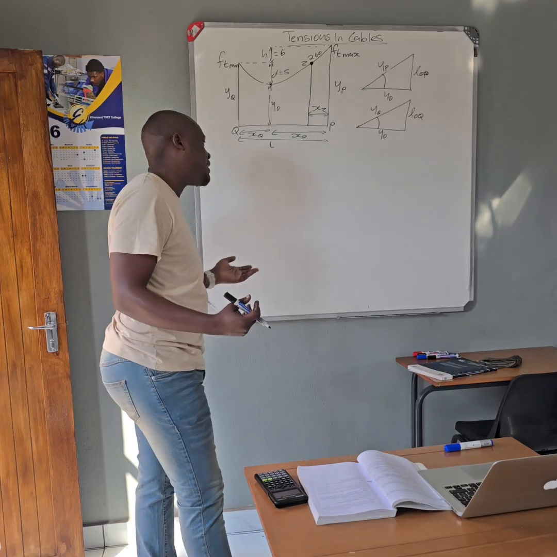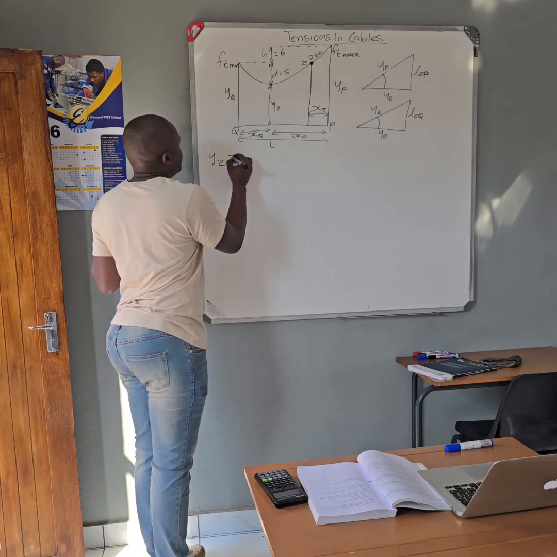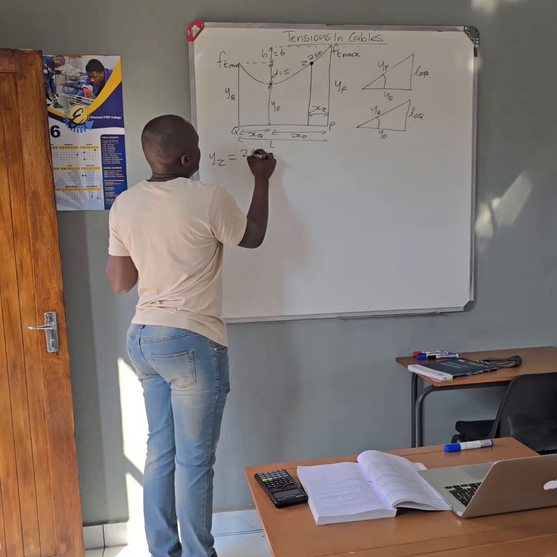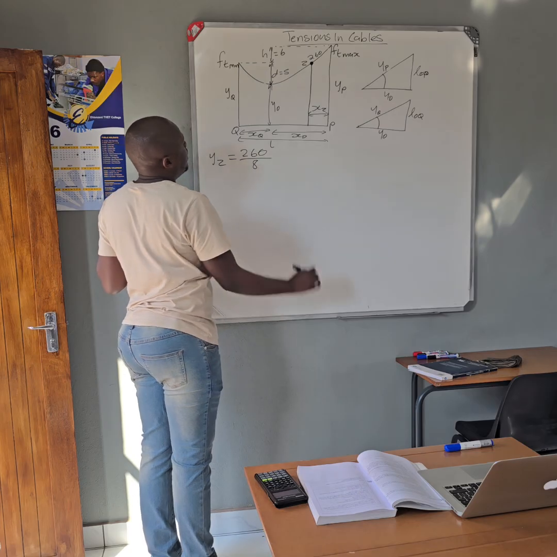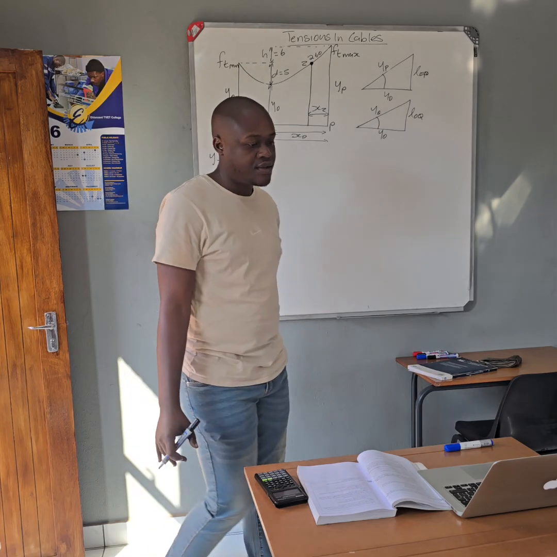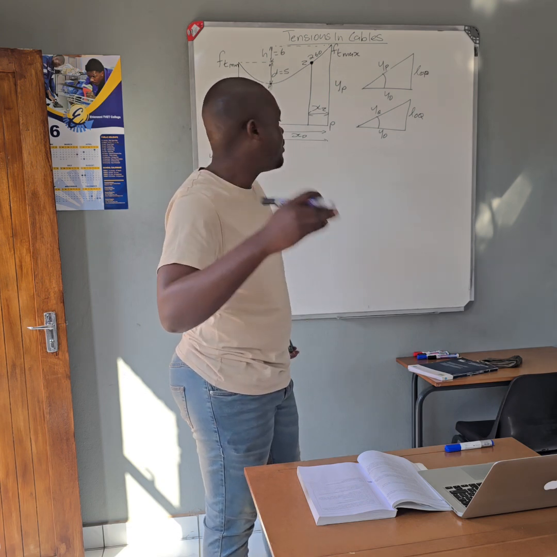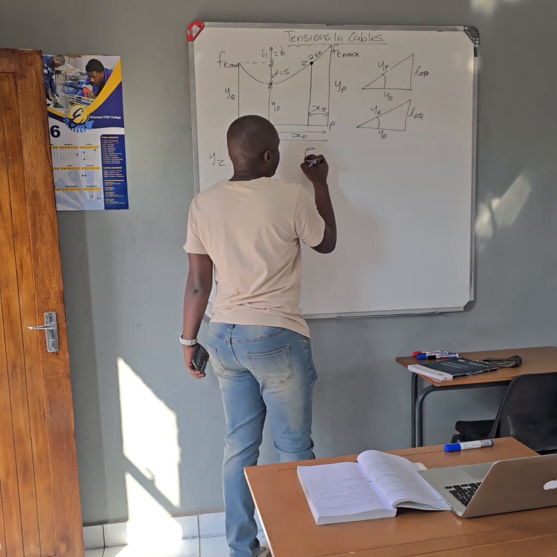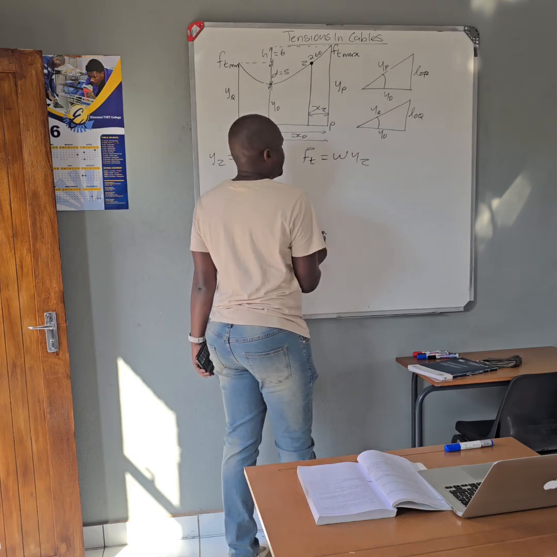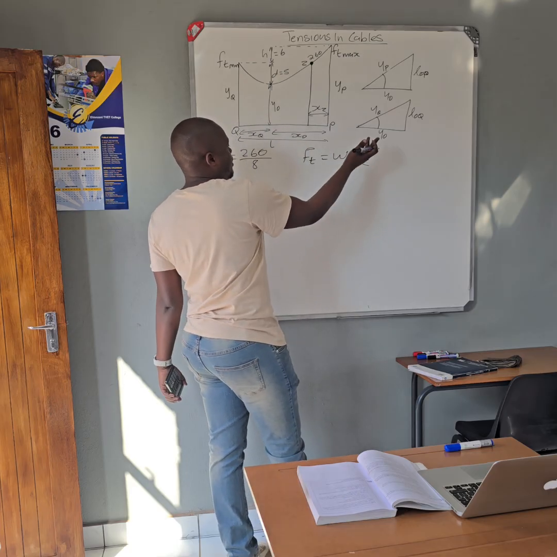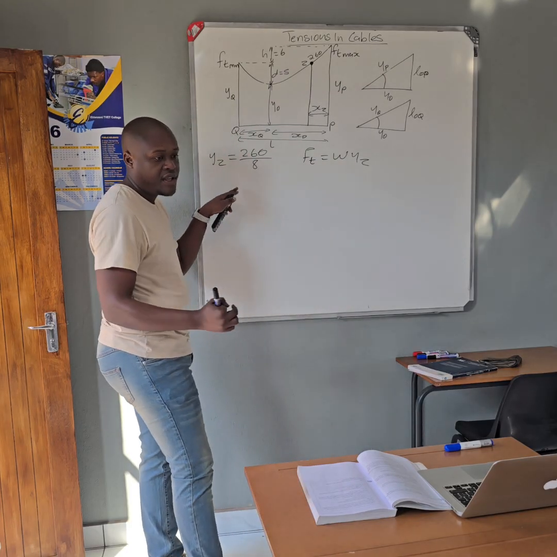So YZ is going to be equal to 260 divided by 8, which is our W, meaning that FT is equal to W YZ. It's this formula here. At first it was YP, but now we're on YZ.